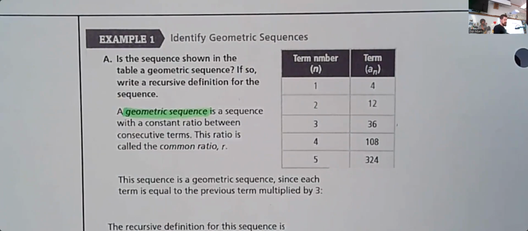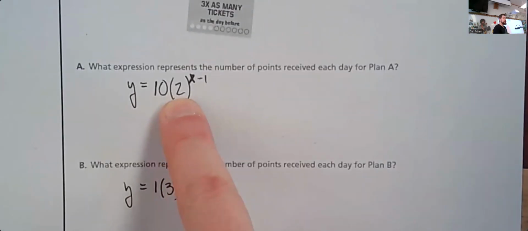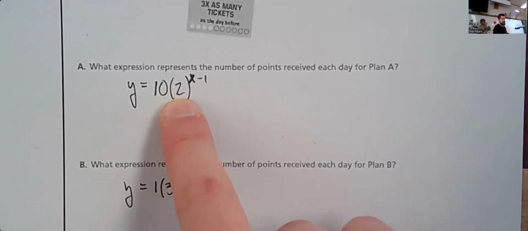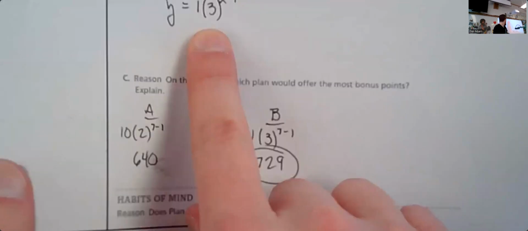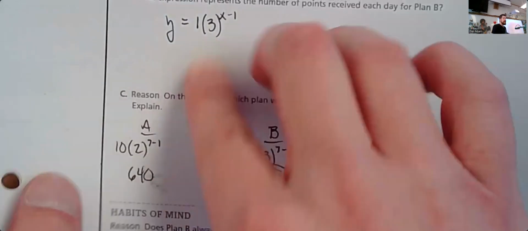So for example, the common ratio for plan A would be 2. The R value would be 2 because the common ratio is 2, which is the same as the growth factor. Over here, the common ratio is 3 because the growth factor is 3. So that's the same idea that we're looking at over here.